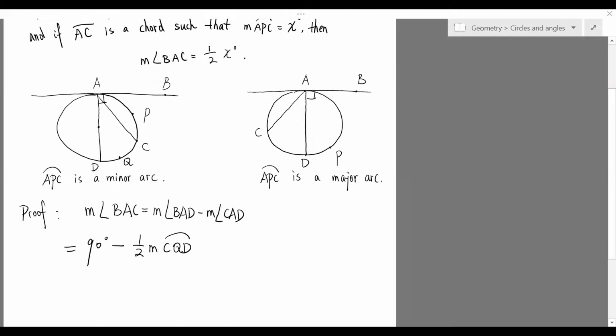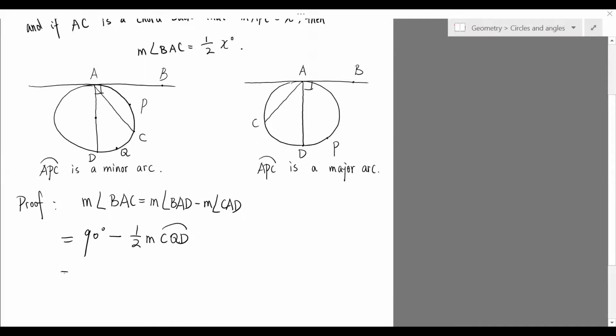Okay, what we're going to do is observe that if we pull the 1/2 out, then what we are left with is the difference between 180 degrees and the measure of CQD.